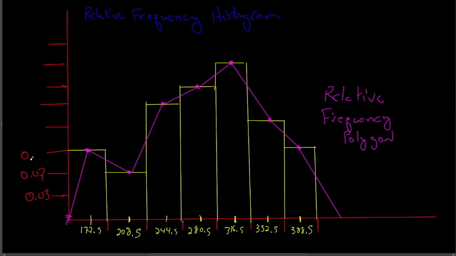This was my 0.1. This is my 0.13. So 0.17. 0.2. 0.23.